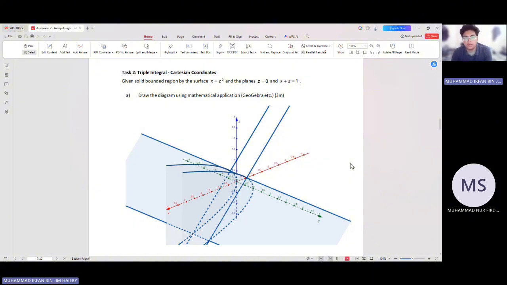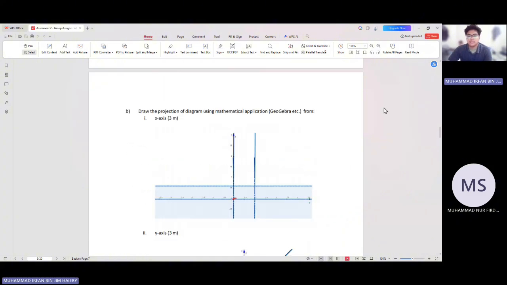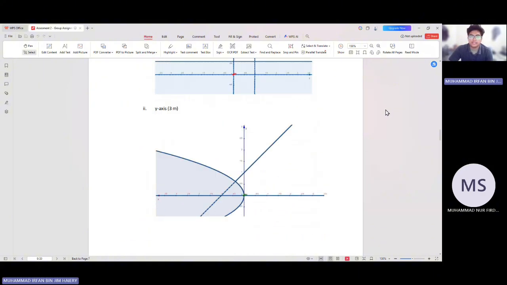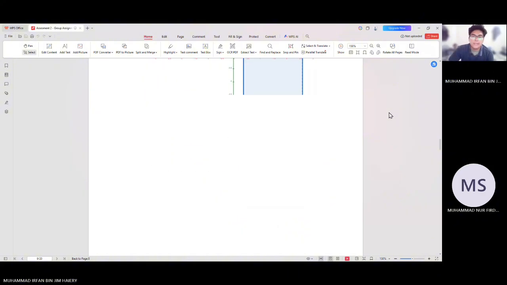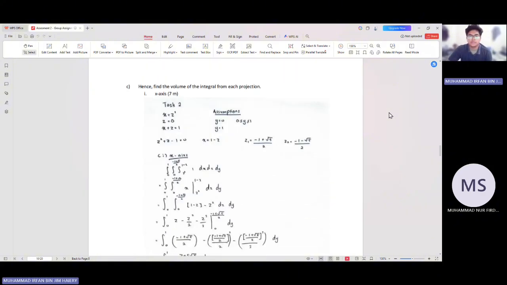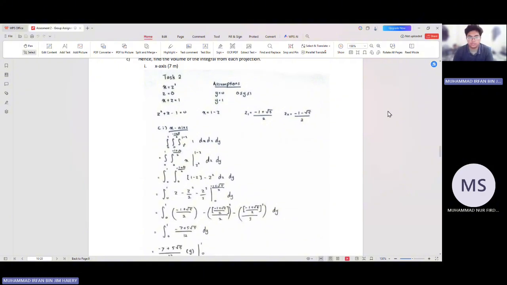For task 2, this is the diagram where we apply the equations x equal to z squared, z equal to 0, and x plus z equal to 1. This is a projection of the x-axis, y-axis, and z-axis. We make an assumption where y is equal to 0 and y is equal to 1.